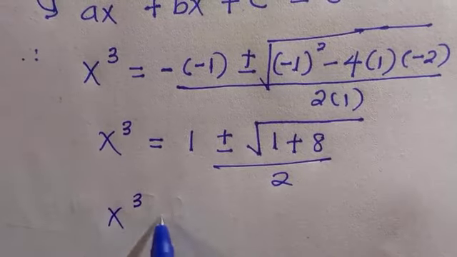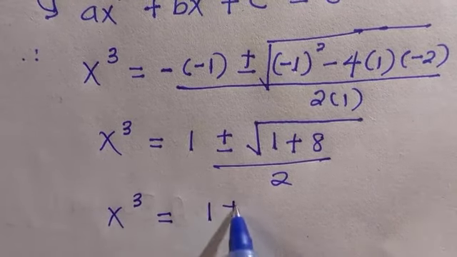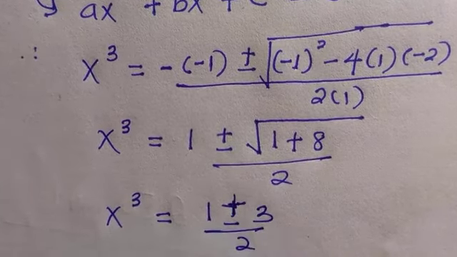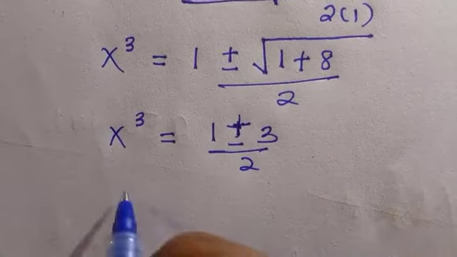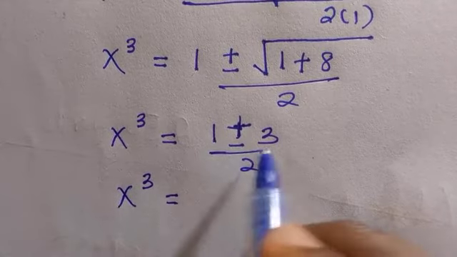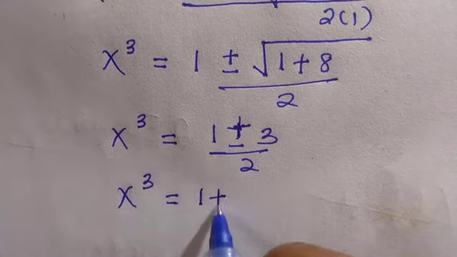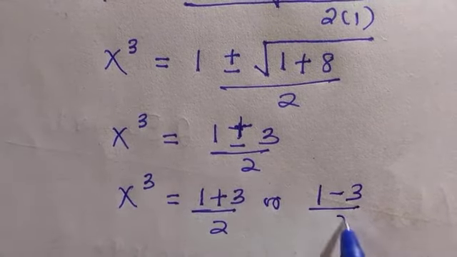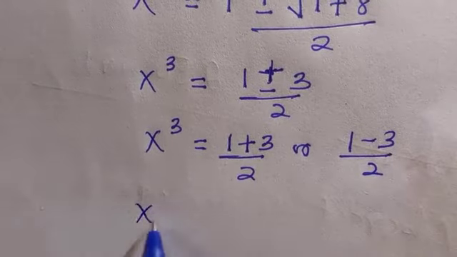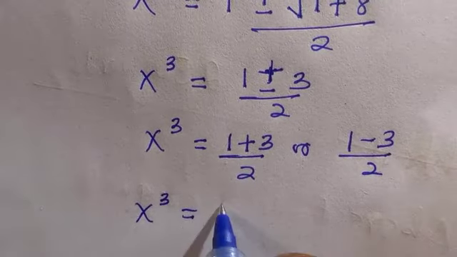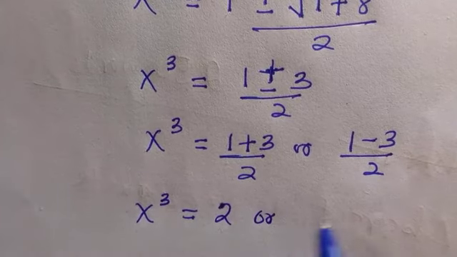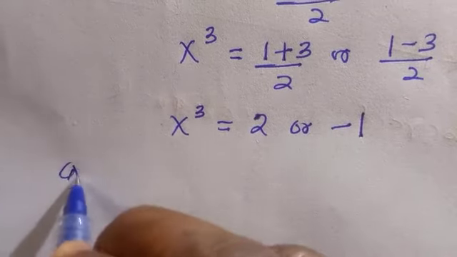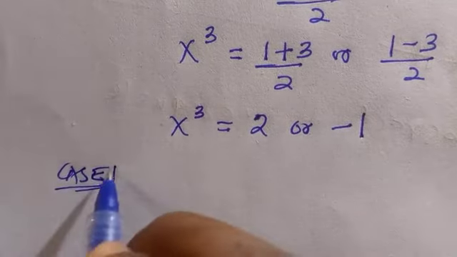And the next thing is we have x cube equals 1 plus or minus 3 divided by 2, and x cube equals 1 plus 3 is 4 divided by 2, then the second one goes with negative. Therefore x cube equals 2, or we have minus 1. But what we need here is all the 6 roots.